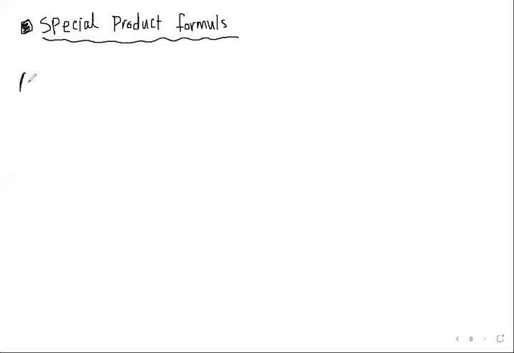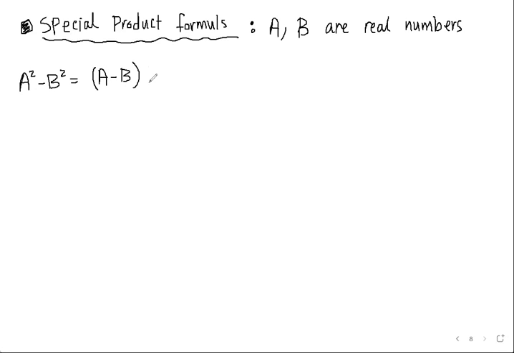First thing we have to know: if A and B are both real numbers, then A squared minus B squared is equal to A minus B times A plus B. This is the first formula, so you have to know this one.